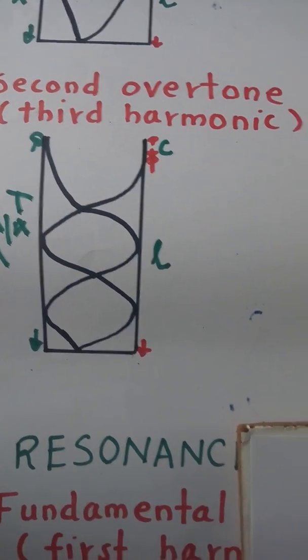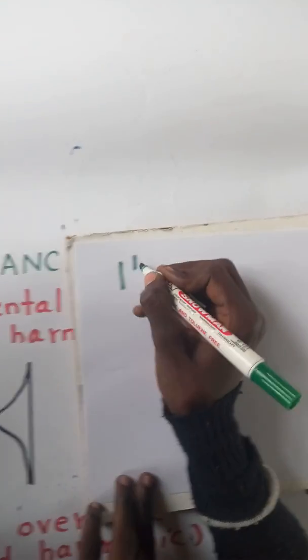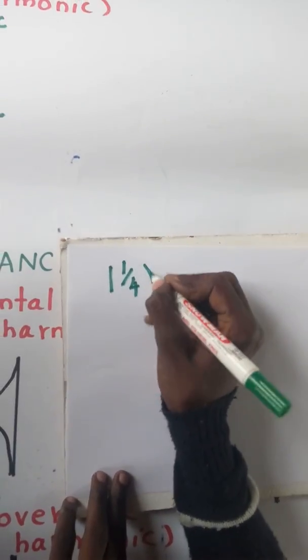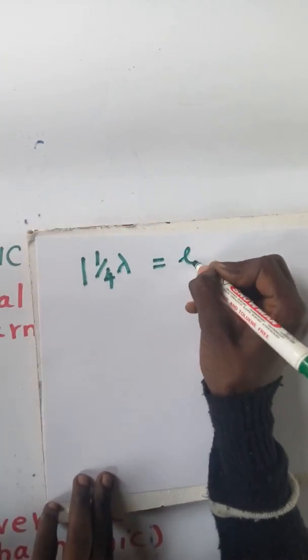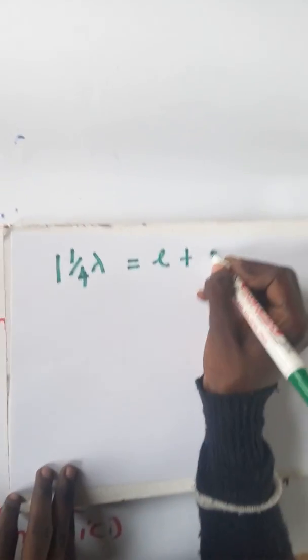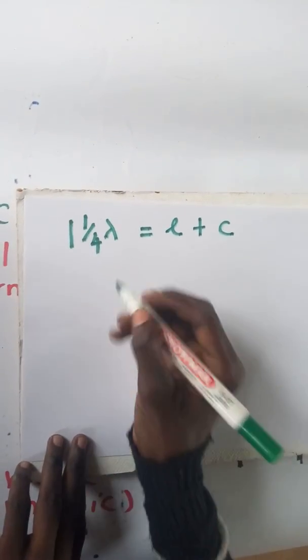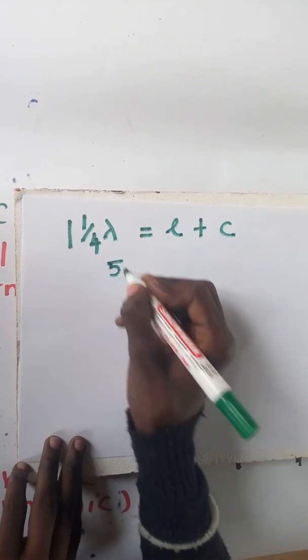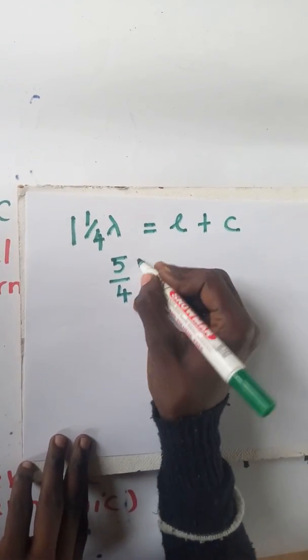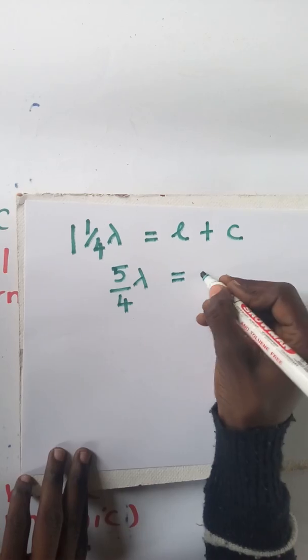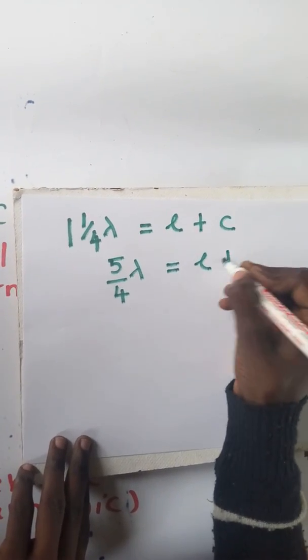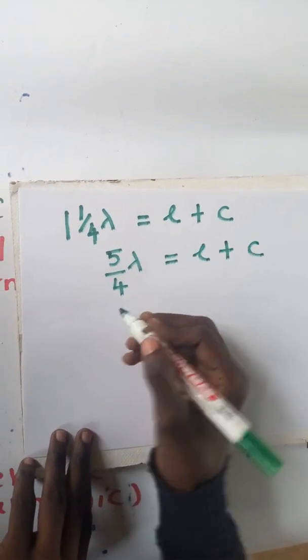So 1 and a quarter wavelengths is equal to the length of the closed pipe plus end correction. 4 times 1 plus 1 is 5 over 4 wavelengths is equal to the length of the closed pipe plus end correction, multiplied by 4.